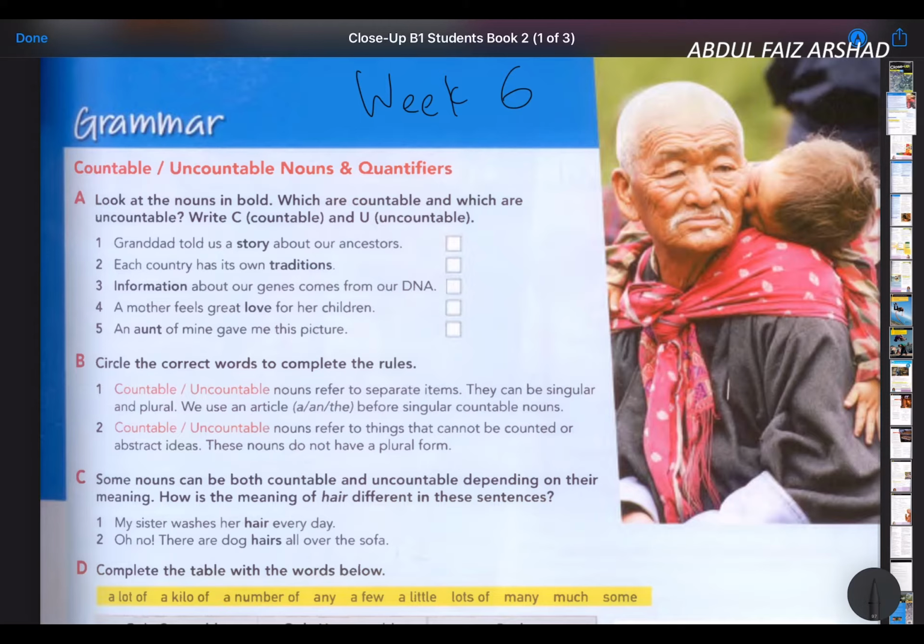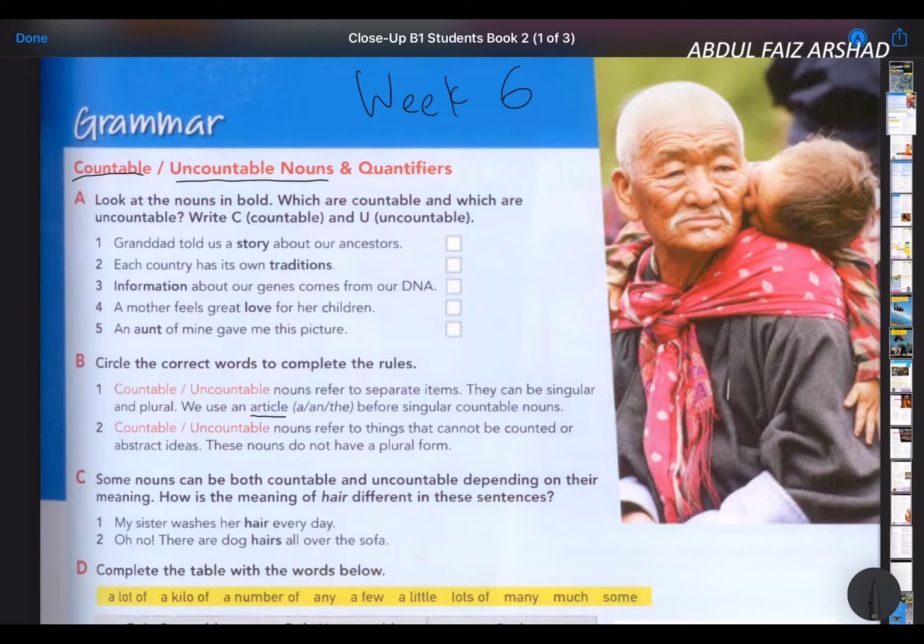This is one of the problems that I see a lot of students having, where they cannot differentiate countable and uncountable nouns as well as quantifiers. I think you guys can differentiate which one is countable and which one is uncountable. The problem is that you didn't put an article in front of a singular countable noun.